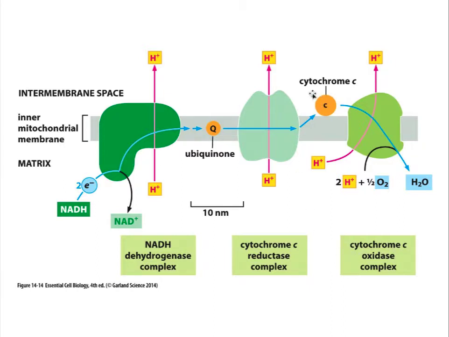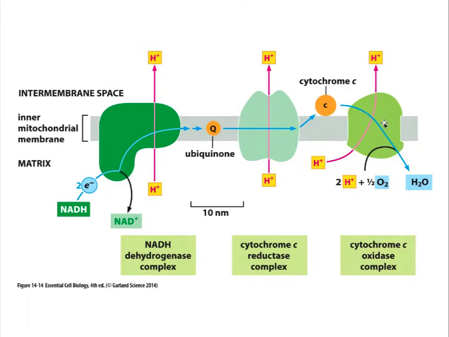And that's done by another shuttle molecule called cytochrome C. So it's an easy way to remember these three parts here, because they all have cytochrome C in their name, and the actual molecule with the full name is called cytochrome C. So reductase on one side, or oxidase on the other.